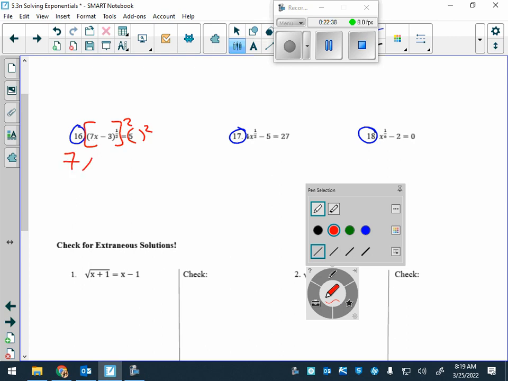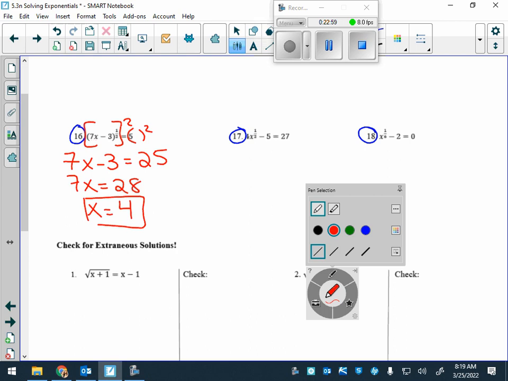So we have 7x minus 3 equals 25. Then what do we do? Add 3, and then what? Divide by 7. So 28 divided by 7 is 4. Okay, so x equals 4 should have been your answer for 16.